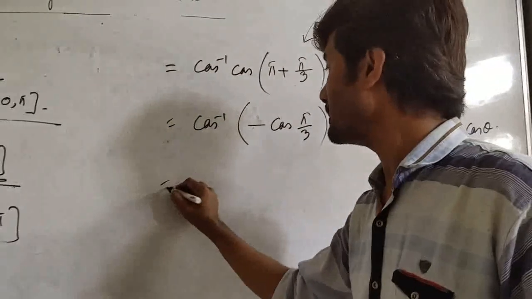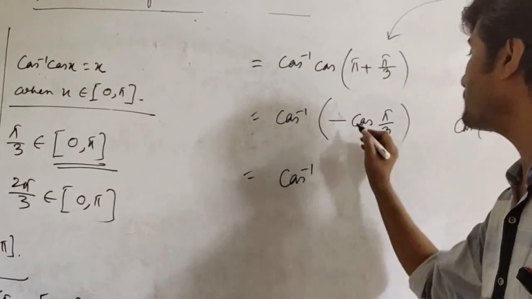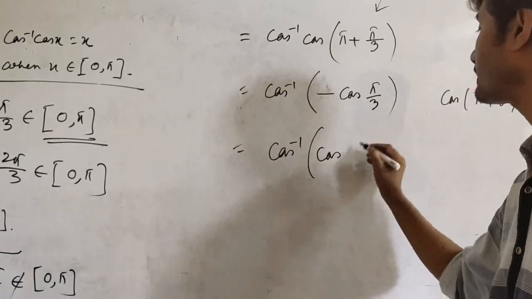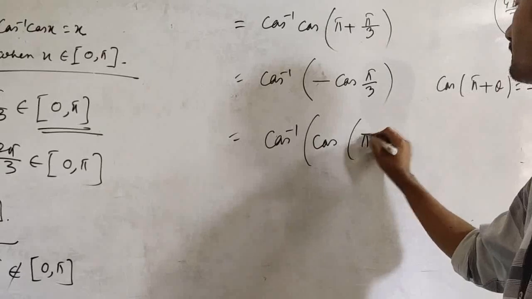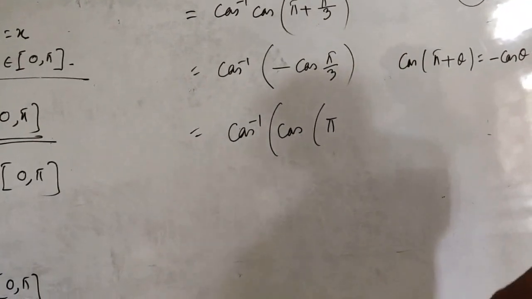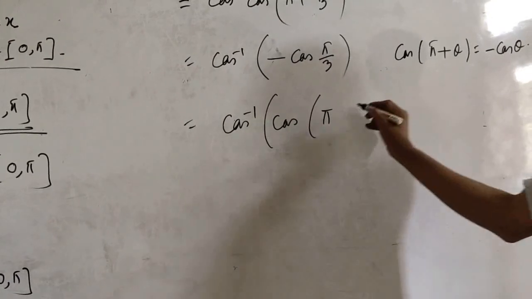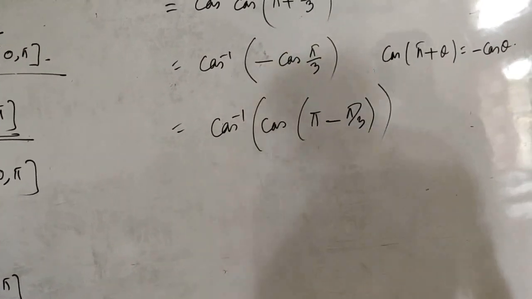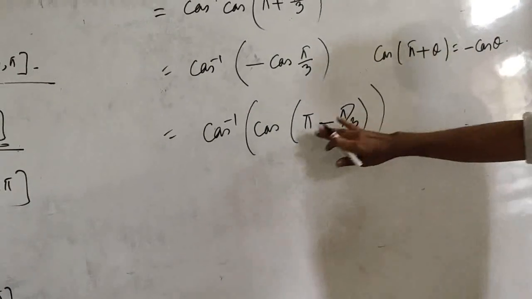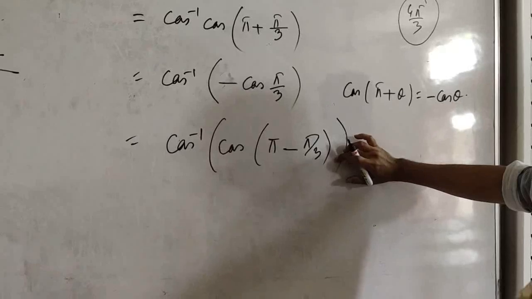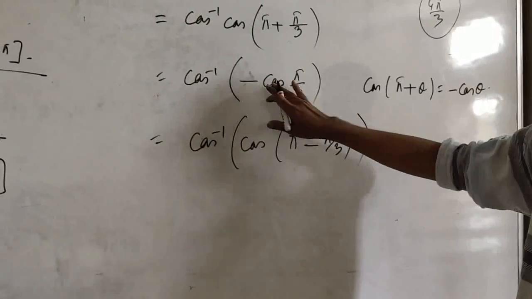Again here, this minus cos pi by 3 can be written in the form cos of pi minus pi by 3, because cos pi minus pi by 3 is again minus cos pi by 3.